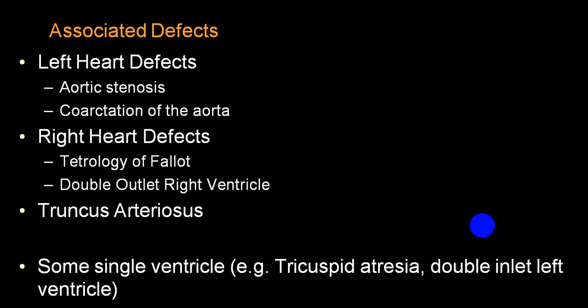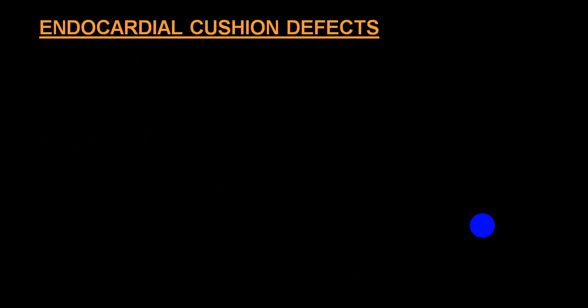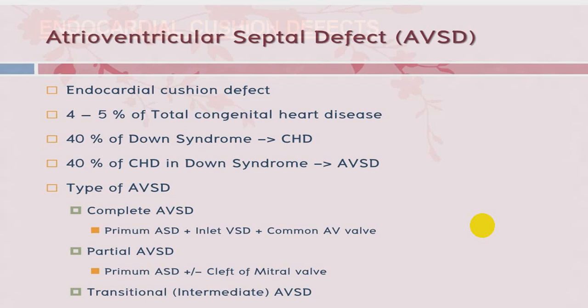Very rarely you come across VSD because of a single ventricle, where there is tricuspid atresia, double inlet left ventricle, etc. These are some of the associated congenital defects with VSD. By and large, isolated VSD is more common.